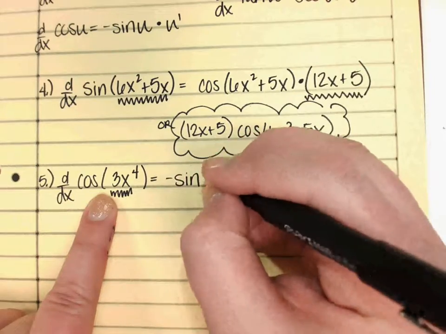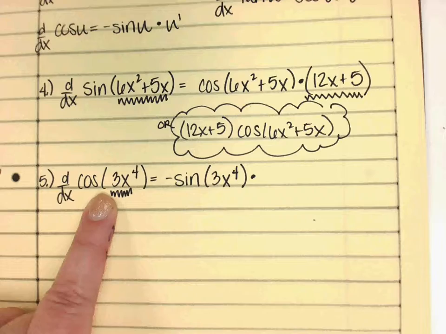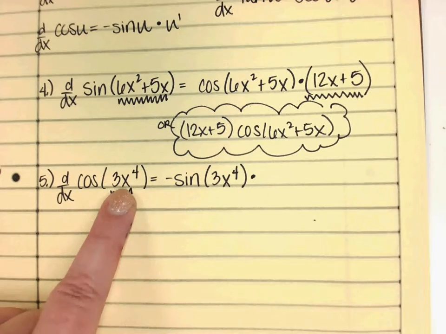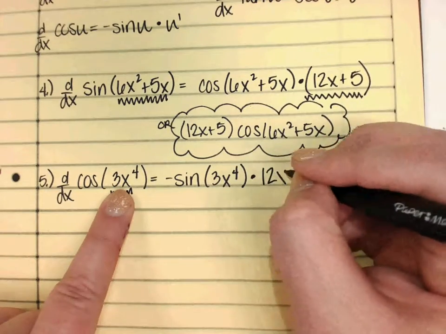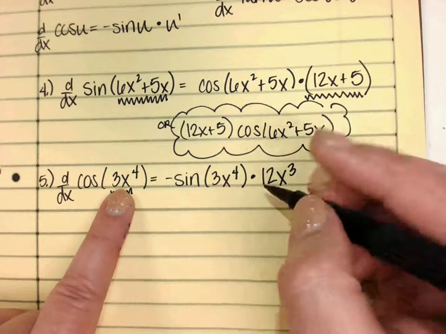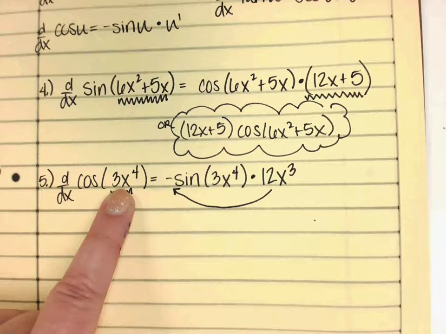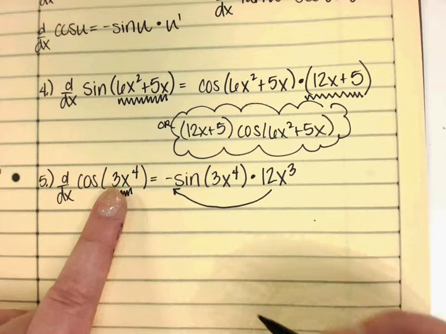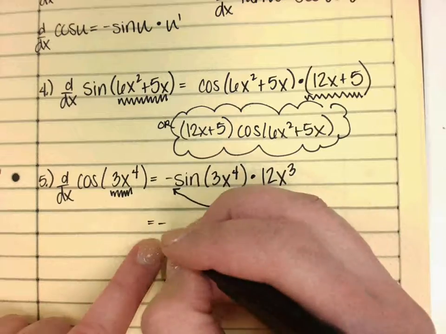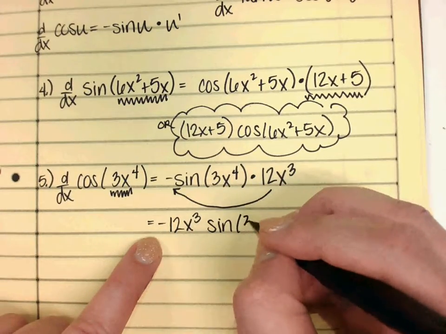Negative sine, middle stays the same. But then I need to multiply by the derivative of the middle. What's the derivative of the middle? 12x cubed. Good. Now remember, typically for free response, that'd be fine. But multiple choice, they're going to pull that linear or cubic or whatever power in the front. So it'd be negative 12x to the 3, and then your sine 3x to the 4.